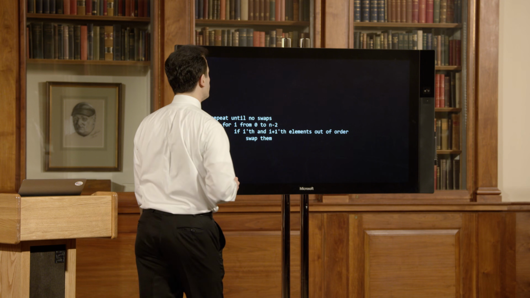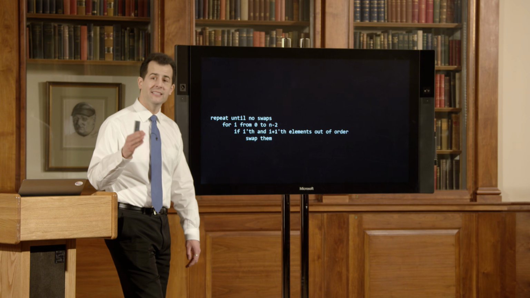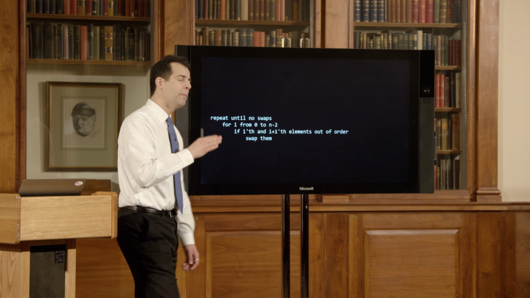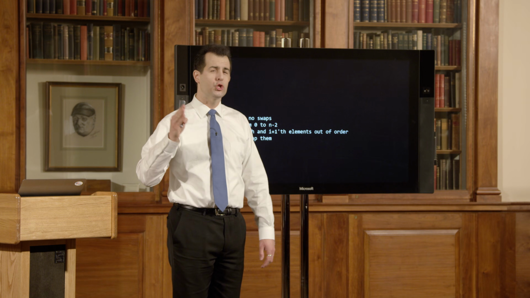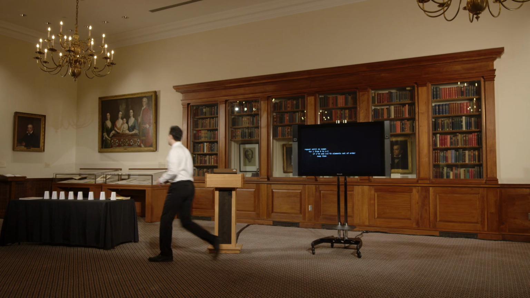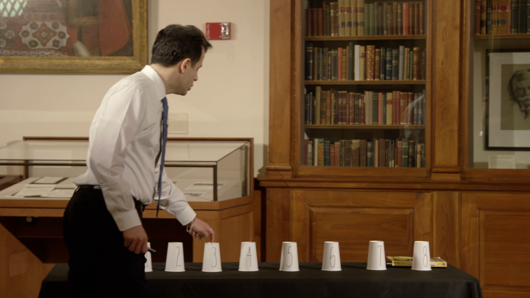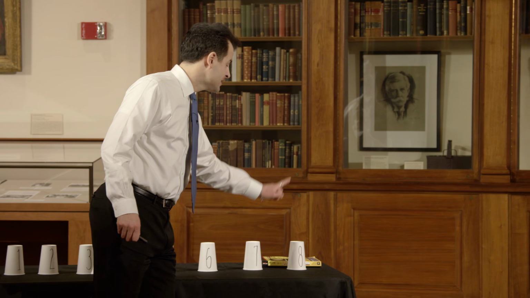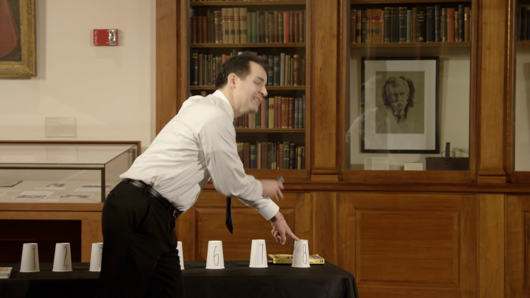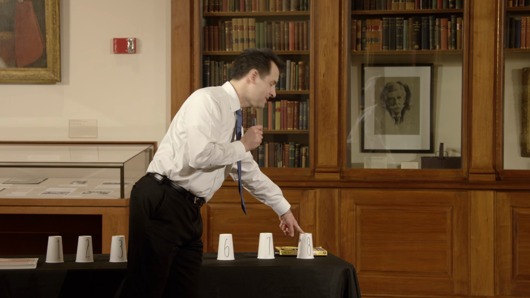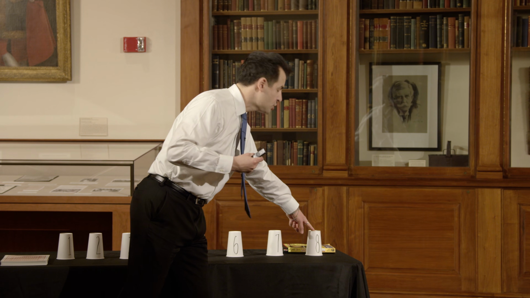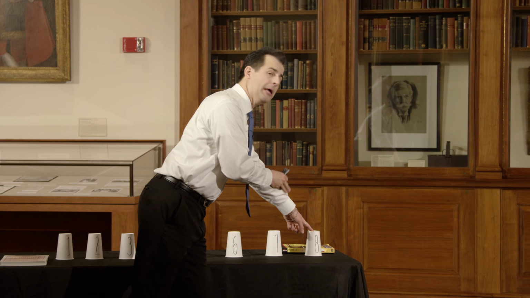And so if I want to start looking at the first cup, aka 0, I want to keep looking up to the cup called n minus 2, because if my first cup is cup 0, and this is then 1, 2, 3, 4, 5, 6, 7, indeed, the cup is labeled 8, but it's in position 7. And so this position, more generally, if there are n cups, would be n minus 1.